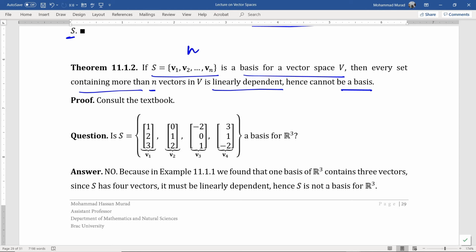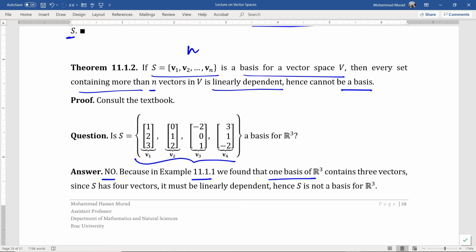Question: is the set S a basis for R3? Answer: no, because in example 11.1.1 we found that one basis of R3 contains 3 vectors, namely the standard basis of R3 contains 3 vectors.